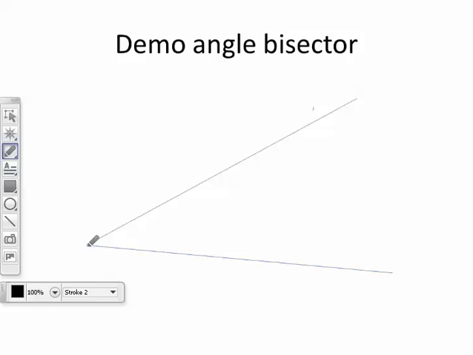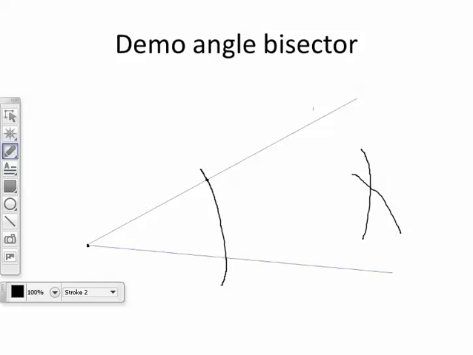I'm going to put my thumb right here. I'm going to come out here and draw my arc. And the arc has to intersect both rays, both edges of the angle. Then, without changing anything, I'll put my thumb right here, and I'm going to come out here and draw an arc in the middle. I'm going to put my thumb right here, and come out here and draw an arc in the middle.